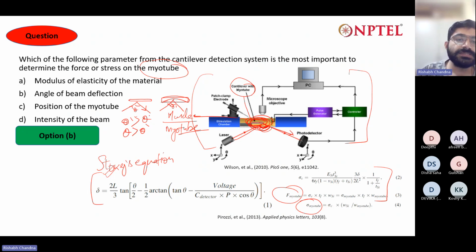So now these theta values that we get from this particular system, we just put in these values and then we can calculate the force from these particular equations. This is how we calculate the force or the excitability of the particular muscle cell. And if you guys are interested, you can go to these particular references and read more about these equations and how this particular instrument functions in detail.